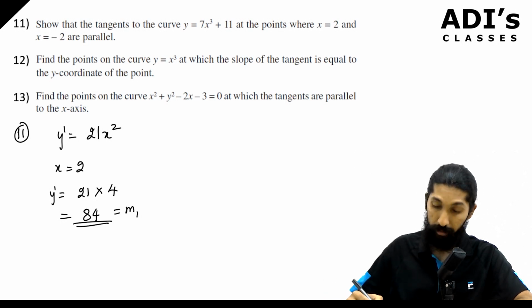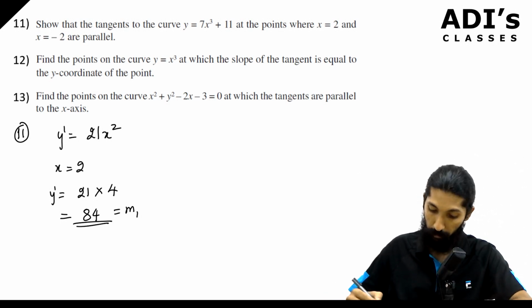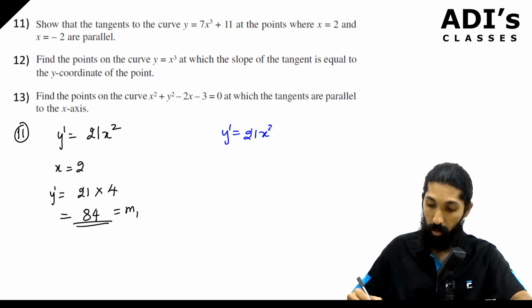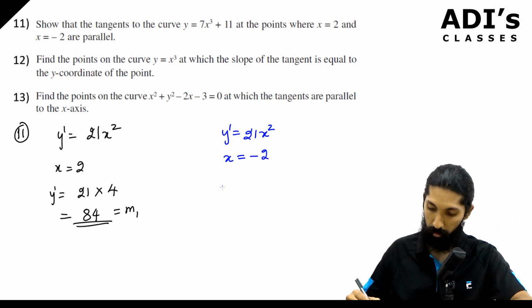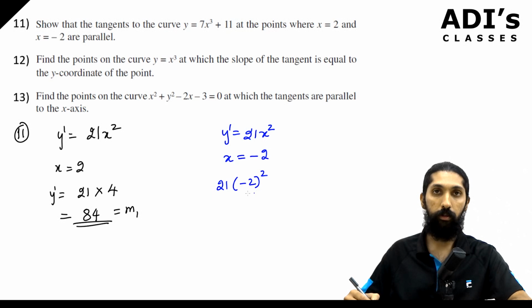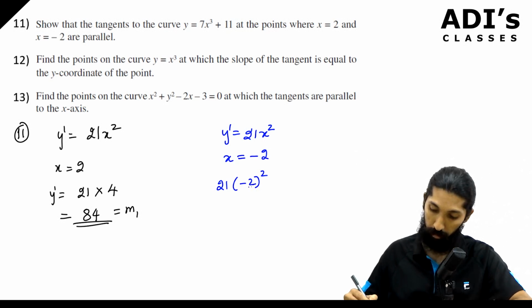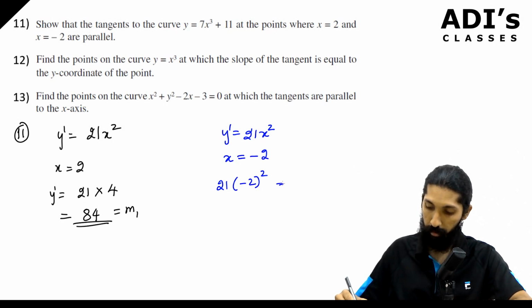Now we'll take the second one. That means the same y dash is still 21 into x square, but now the x value is minus 2. Correct? Put x as minus 2: 21 into minus 2 whole square. So 21 into minus 2 whole square is what? 21 into 4.